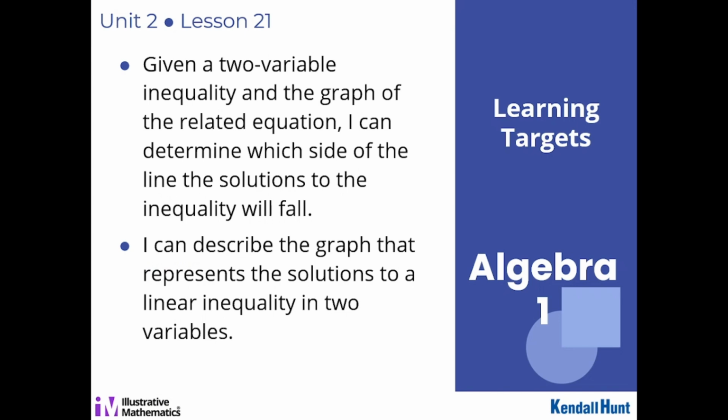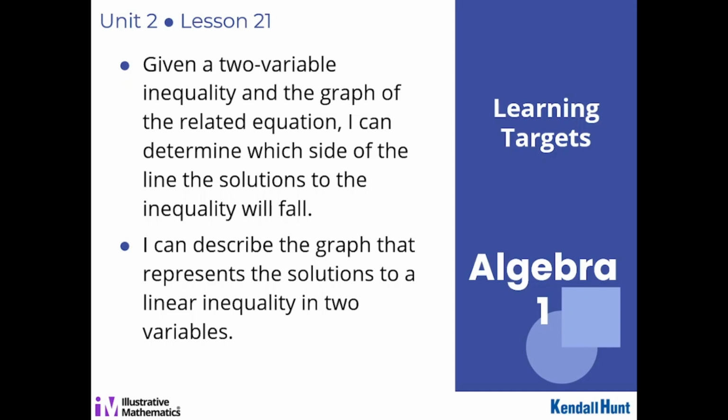We have two learning targets today. Learning target number 1 is that by the end of the lesson, you feel comfortable saying, given a two-variable inequality and the graph of the related equation, I can determine which side of the line the solutions to the inequality will fall.